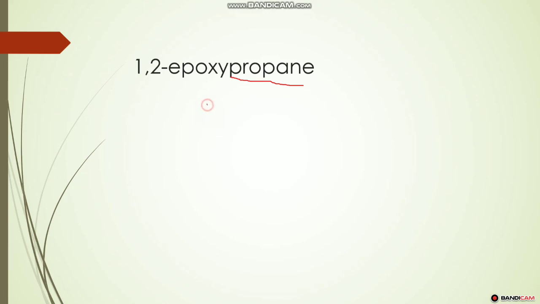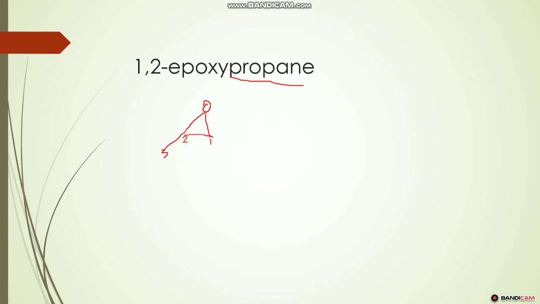So if this is the O, we have the first carbon, the second carbon attached to O, and we have here another carbon, which is carbon 3.